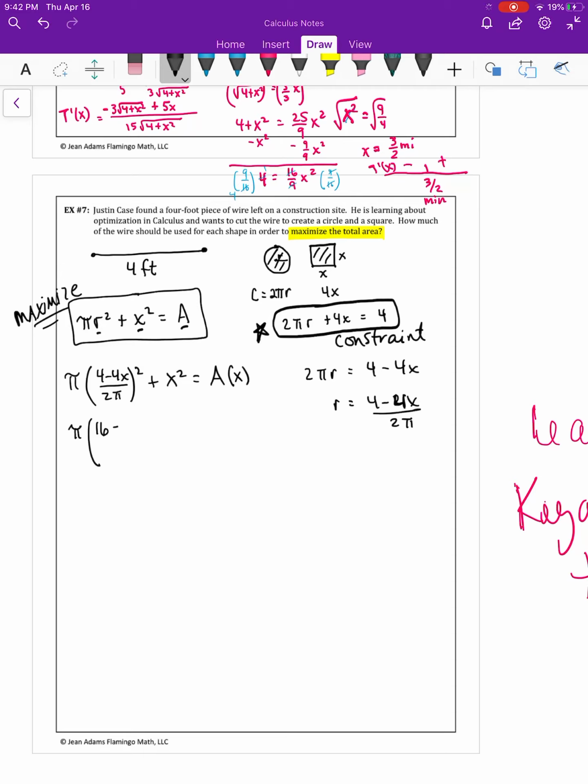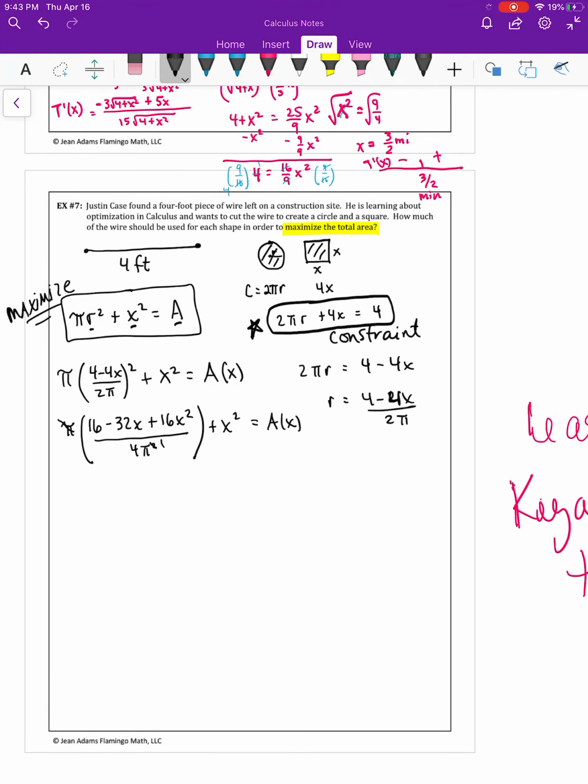That's like my function. And so then I have my pi times, this is going to be 16 minus, I've got 4 times negative 4x would be a negative 16x, and another negative 16x gives me a negative 32x, and a positive 16x squared over 4 pi squared plus x squared equals your A of x.